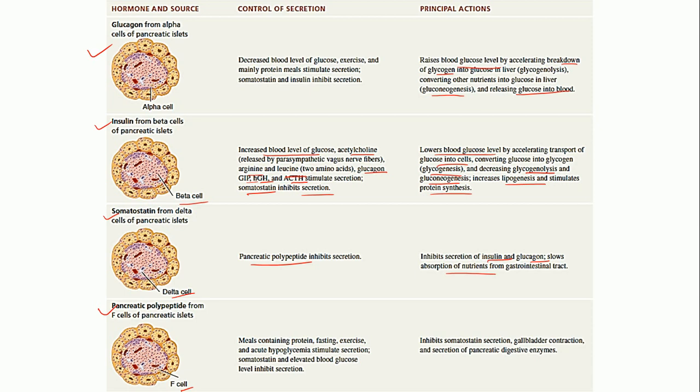Its secretion is stimulated by meals containing proteins, fasting, exercise, acute hypoglycemia, and its secretion is inhibited by somatostatin and elevated blood glucose level. And what are the actions? It inhibits somatostatin secretion, gallbladder contraction, and secretion of the pancreatic digestive enzymes.